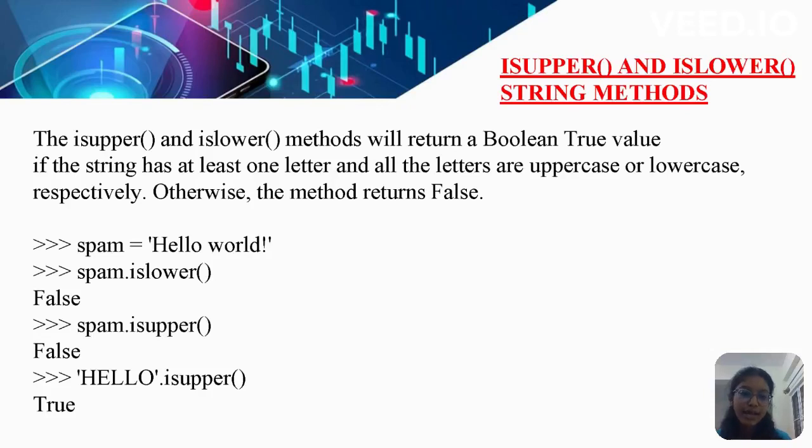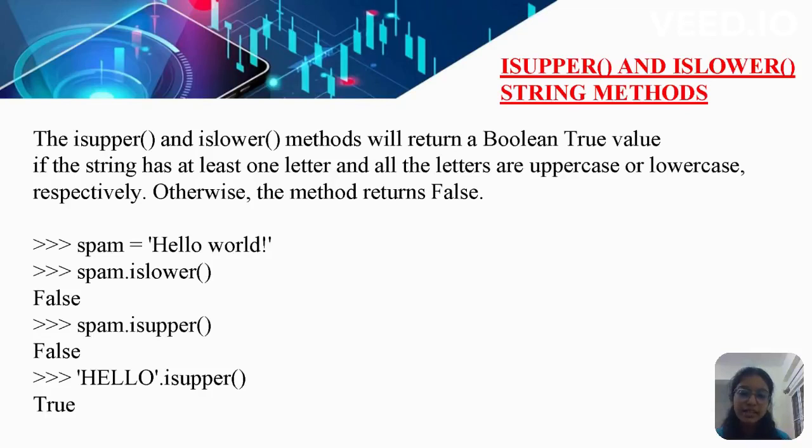isupper and islower string methods. The isupper and islower string methods will return a Boolean True value if the string has at least one letter and all the letters are uppercase or lowercase, respectively.